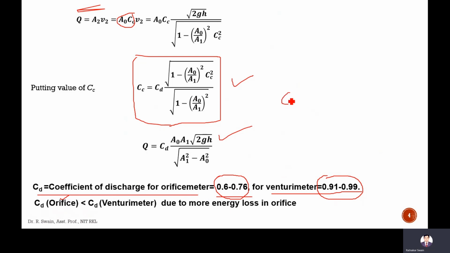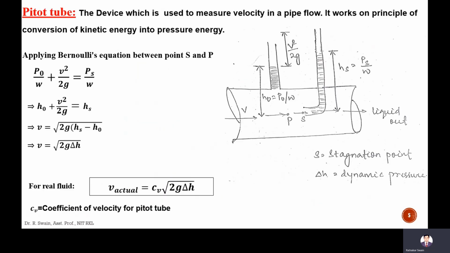The actual discharge is equal to CD into theoretical discharge. So here this is the theoretical discharge, this is the actual discharge. So venturimeter comparatively gives more accurate results than orifice meter.